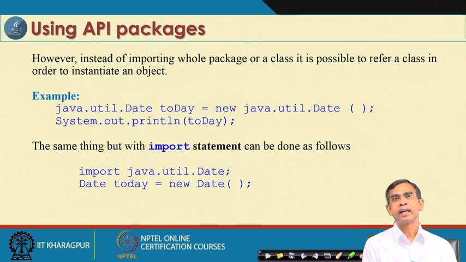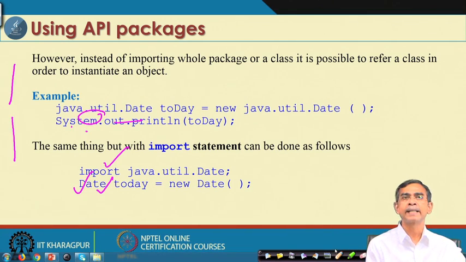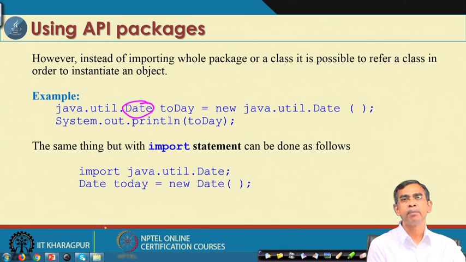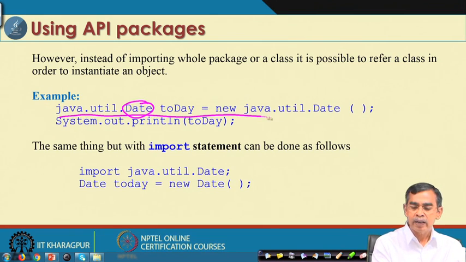Now, here is the other way around that a package can be accessed. For example, suppose you want to access one class, Date. Date is basically a built-in class which is defined in the util package in the Java JDK, and here you see what we are doing with this statement.